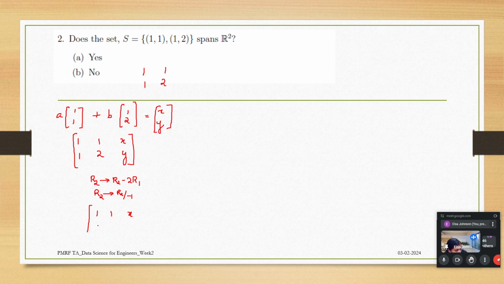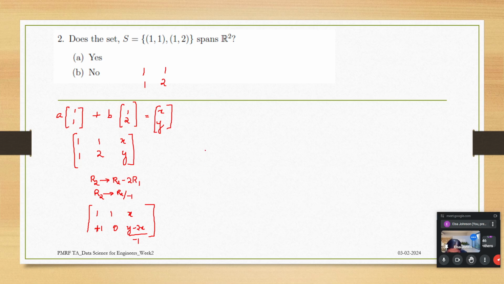So 1 1 x and minus 1 0, y minus 2x you'll be getting. So these operations are done here. Okay, r2 is given by r2 minus 2 r1 and r2 given by r2 by minus 1. Like that I did, and I got, sorry, this is plus 1 1 x and 1 0 y minus 2x by minus 1. Two steps have been combined and done.